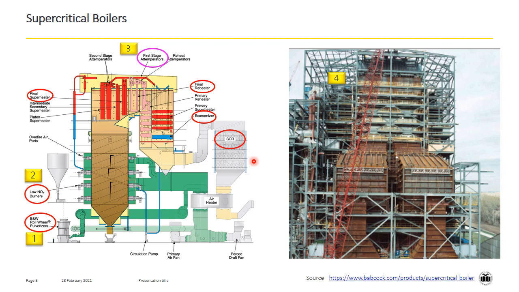Remember, ultra supercritical boilers use high temperature resistant materials like austenitic steel, which has 18 to 25% of chromium. This is the actual scale of a typical supercritical boiler.